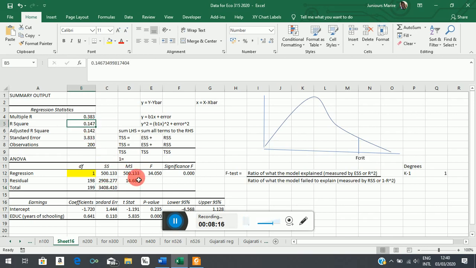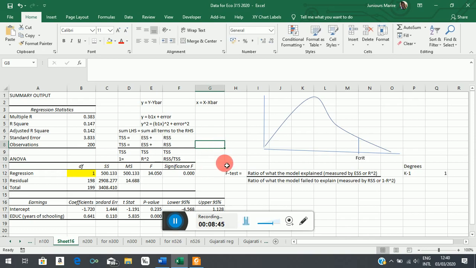Now what the model fails to explain is the residual sum of squares over the total sum of squares. So now let's write this. This is our R squared, plus RSS over TSS.